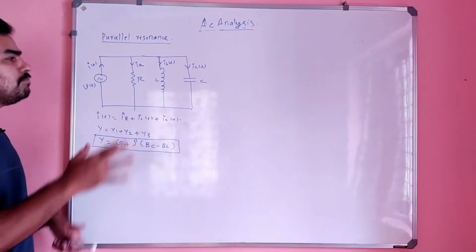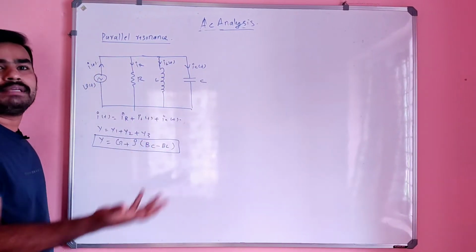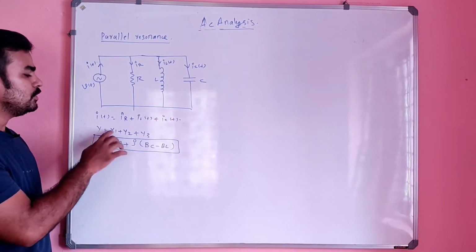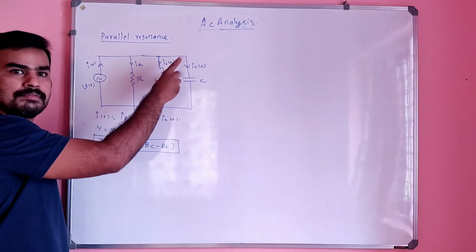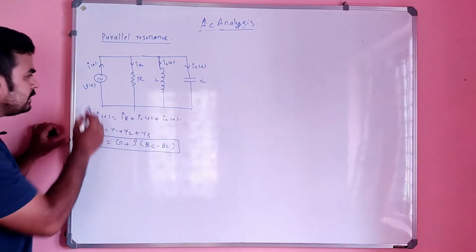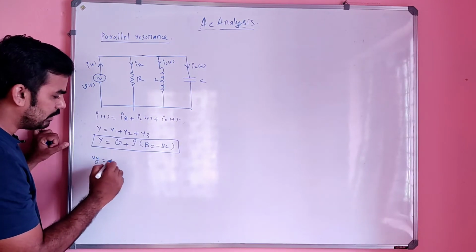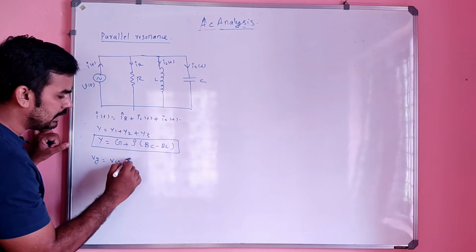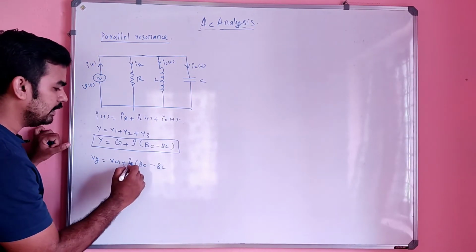So adding together gives the parallel RLC admittance. It will be G, corresponding to R, plus J into BC minus BL. Simple. When I multiply this with V, that is VY, will be equal to VG plus J into BC minus BL, right? Into V.